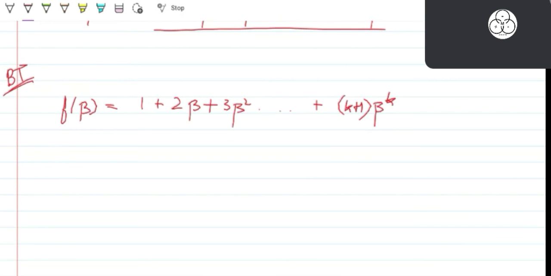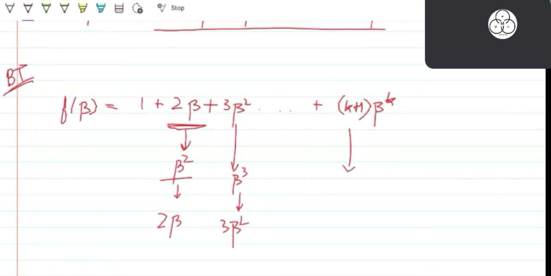This is a very easy pattern to observe. If this is beta square, and we differentiate it with respect to beta, we get 2 beta. If this is beta cube, differentiating gives 3 beta square. Similarly, this is the differentiation of beta to the power k plus 1.